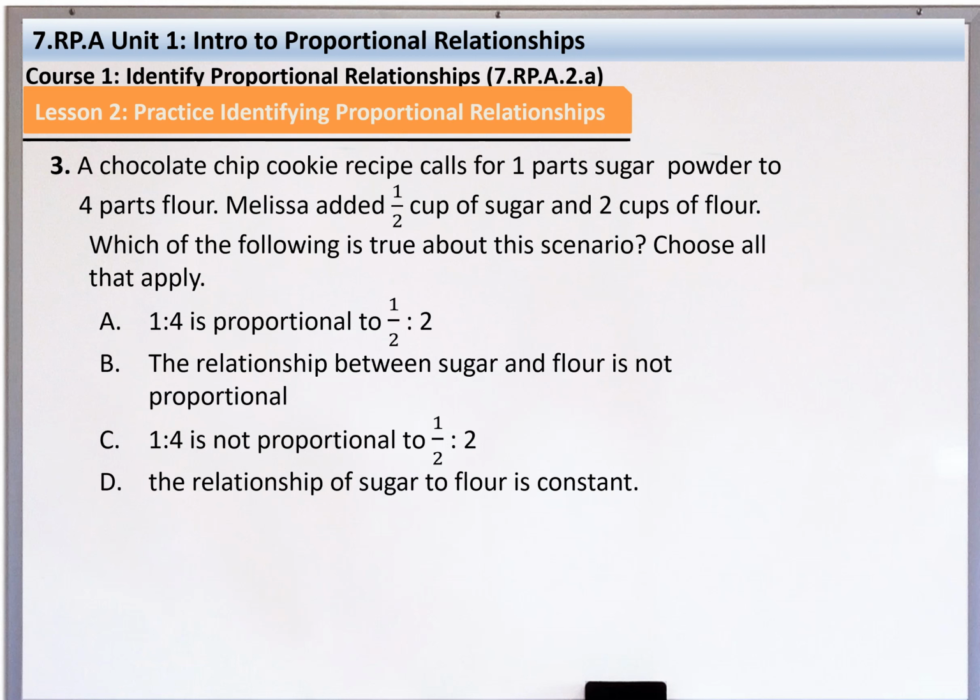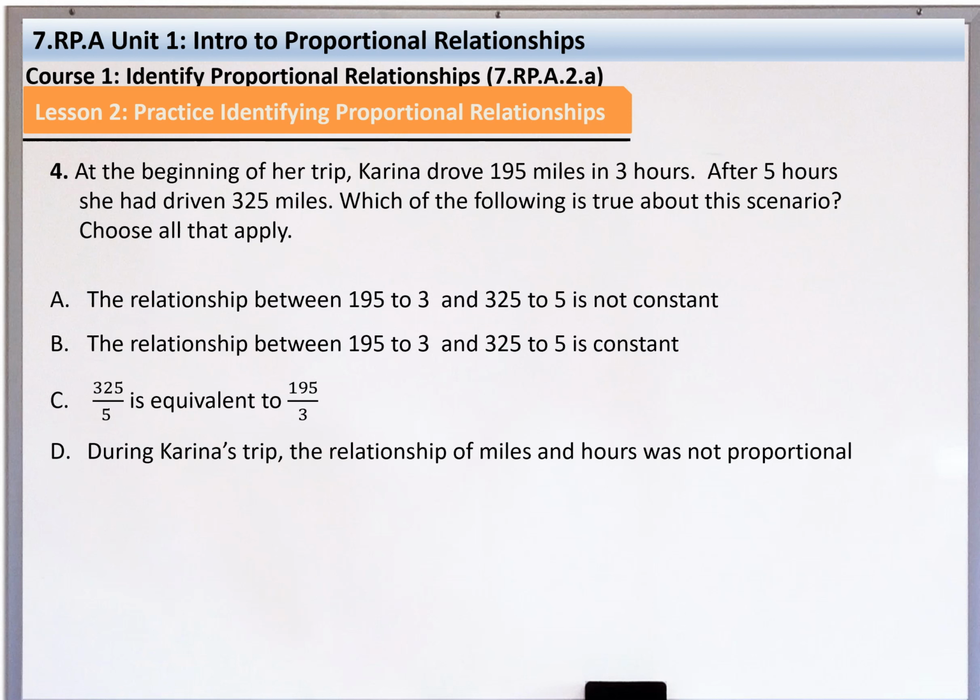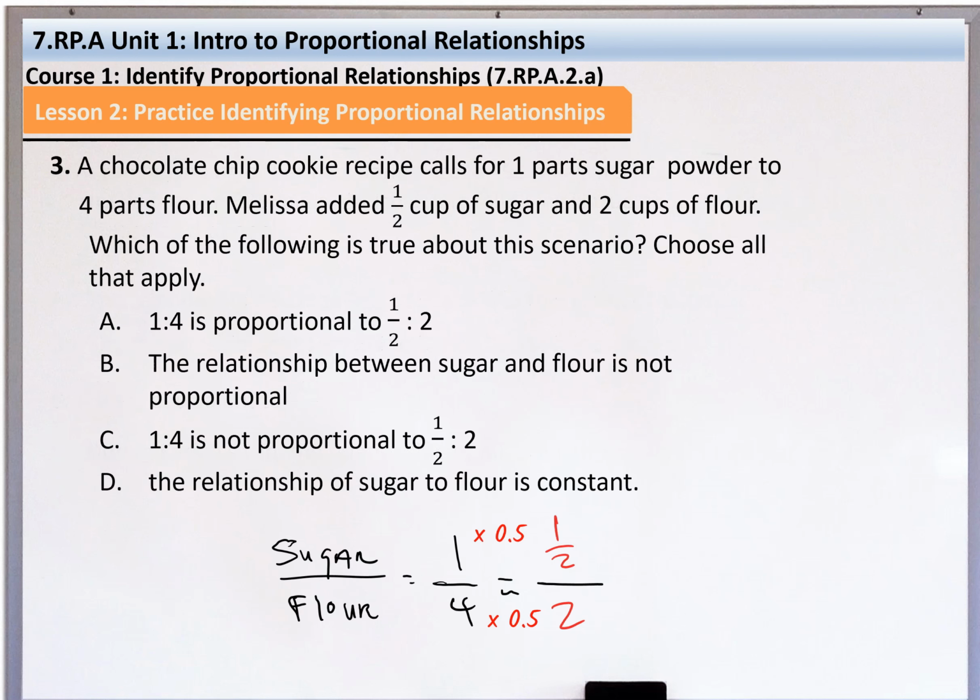All right, so we just want to know if 1 to 4 is proportional to 1/2 to 2 cups. If you multiply 1 times 1/2, you get 1/2. If you multiply 4 times 1/2, you get 2. So yes, it is proportional.